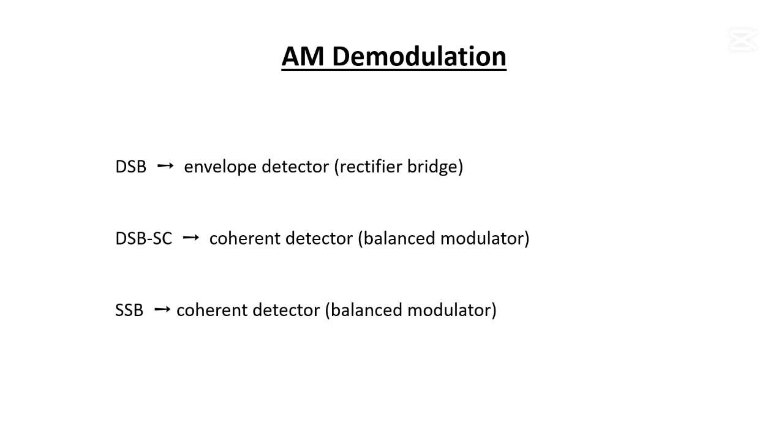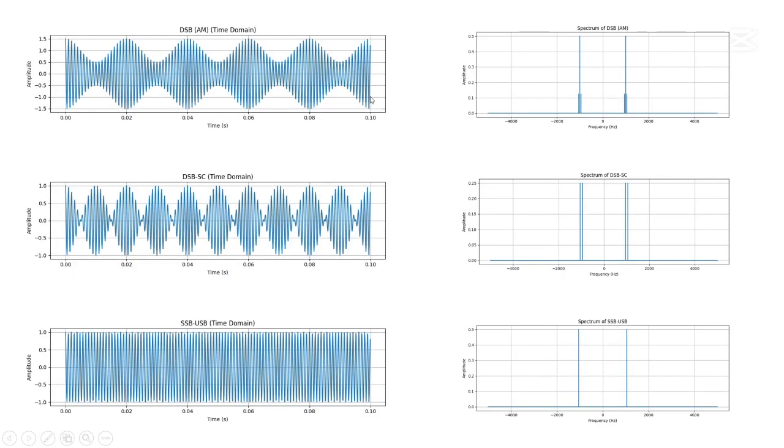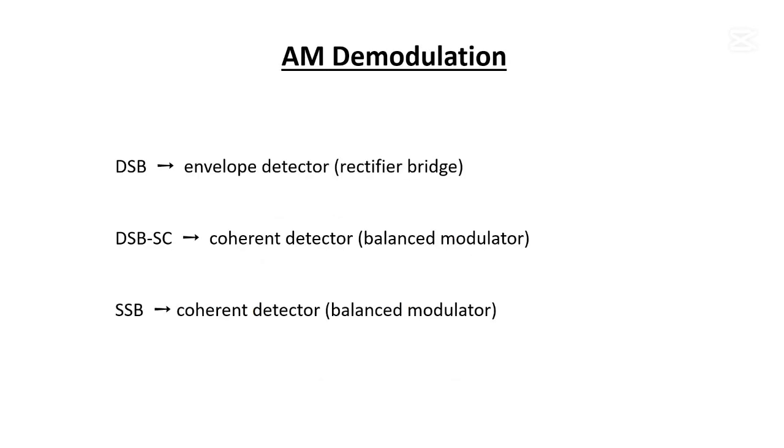Alright, students, now let's discuss amplitude demodulation. First of all, you can say that if we have different modulated waves, then their demodulation will also be of different type.